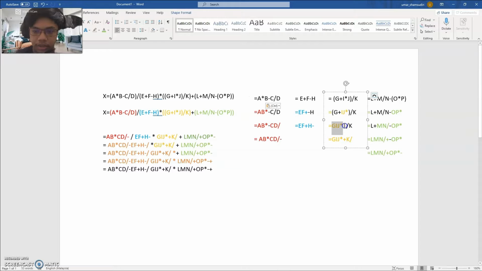So this is the postfix for the expression in the bracket. Then you need to solve the division and K. The yellow color one is the operand and the division is the operator. K is the operand. So you take the division to the back and it comes like this. So this is the complete postfix for this infix.